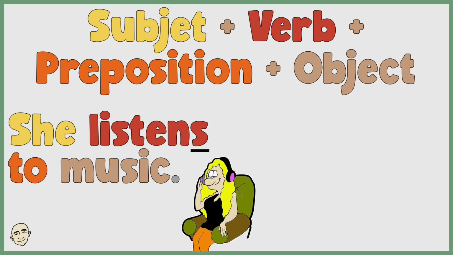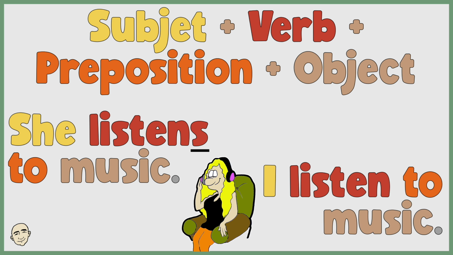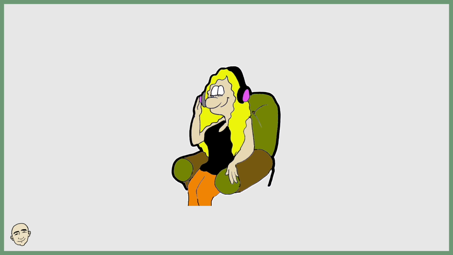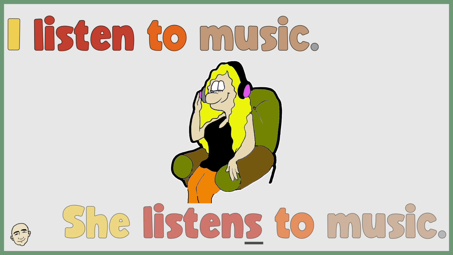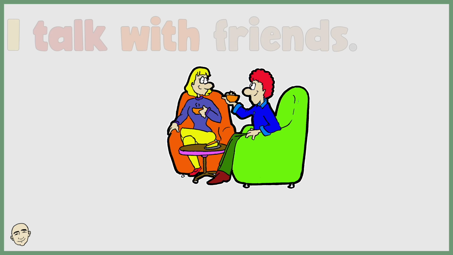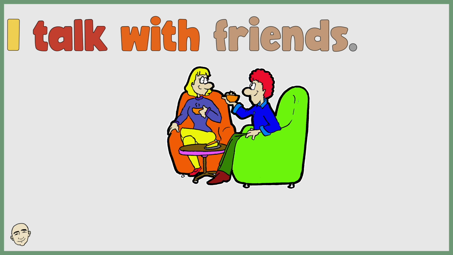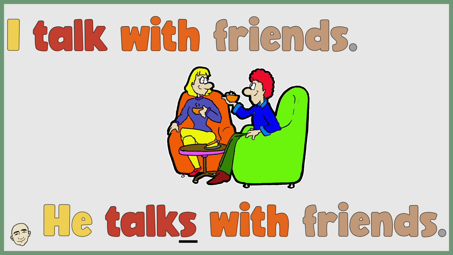Subject, verb, preposition, object. She listens to music. I listen to music. I listen to music. She listens to music. I talk with friends. He talks with friends.